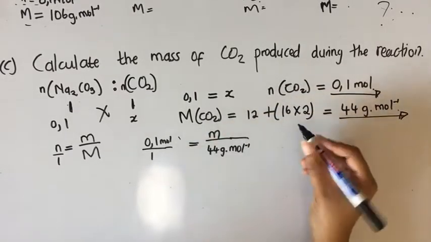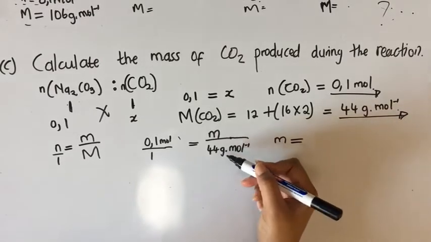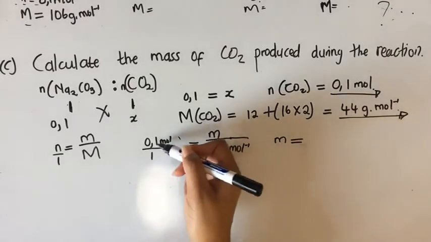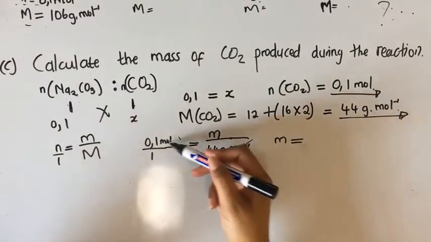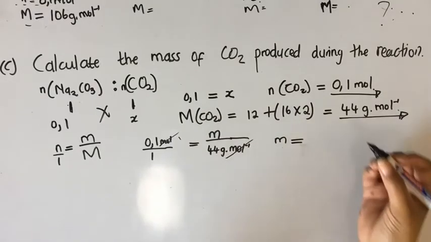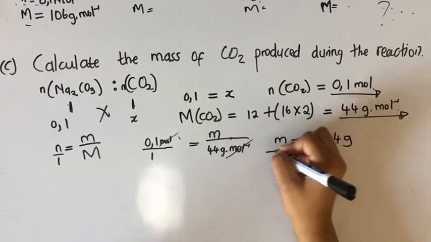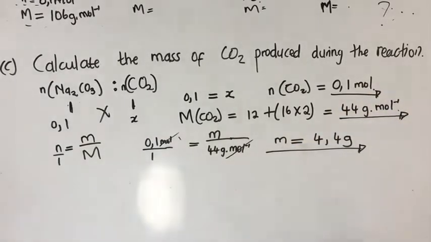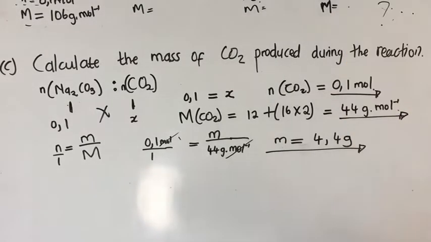Mass multiplied by 1 is mass, 44 grams per mole multiplied by 0.1 mole. So mole no mole bazo cancelana. Then 44 multiplied by 0.1 is just 4.4 grams. So the mass of carbon dioxide is 4.4 grams.